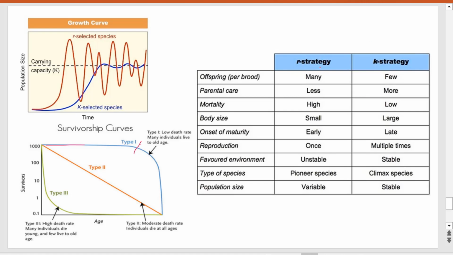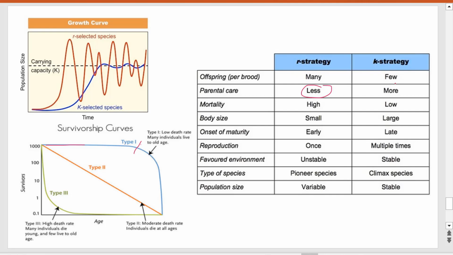For R strategy species, the offsprings are many. There are too many offsprings. Here you can also see the population size is way higher than that of the K strategy species, where they have low offsprings. Parental care: as there are a greater number of offspring, parents cannot provide care for all of the offsprings, and therefore there is less parental care.